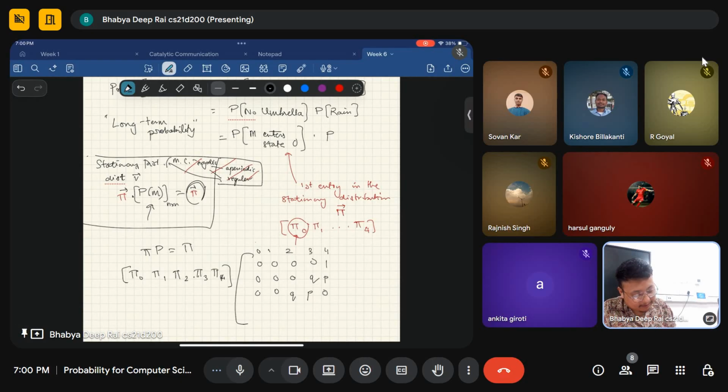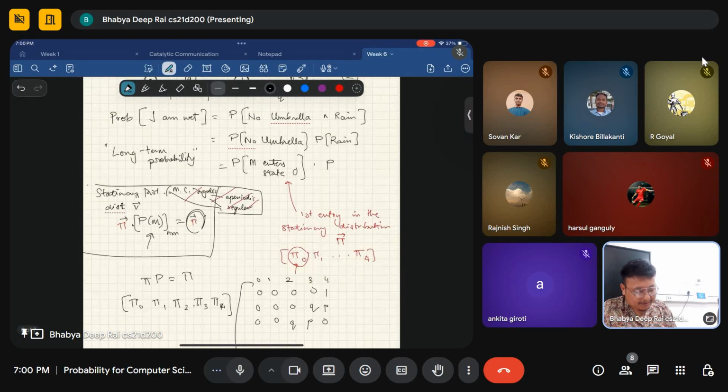We did this exercise of converting a Markov diagram into a matrix.